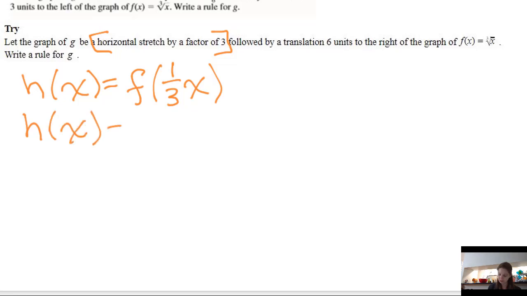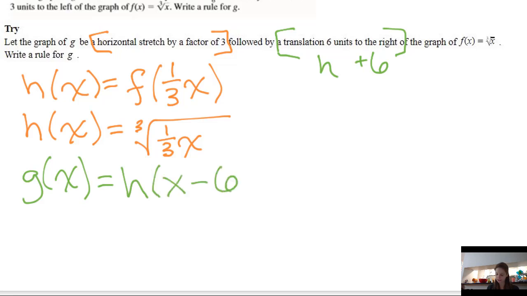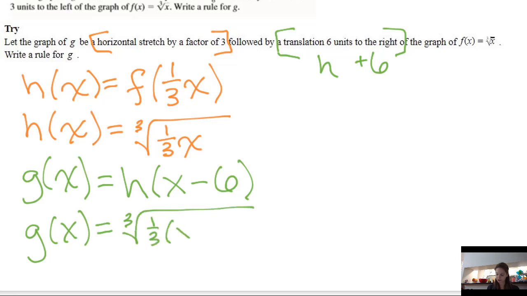H of x equals the cube root of 1/3 x. And now a translation 6 units to the right, where h is a positive 6. And so g of x equals h of x minus 6. G of x equals the cube root of 1/3 x minus 6.